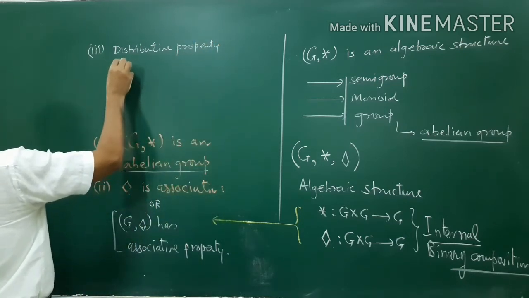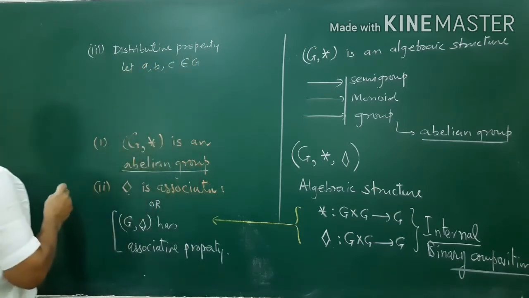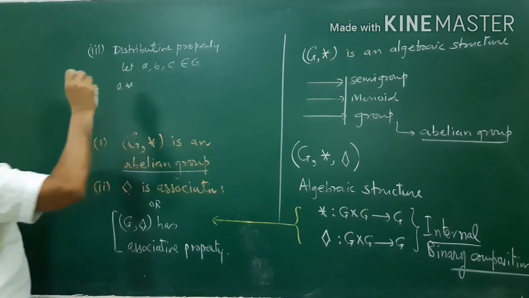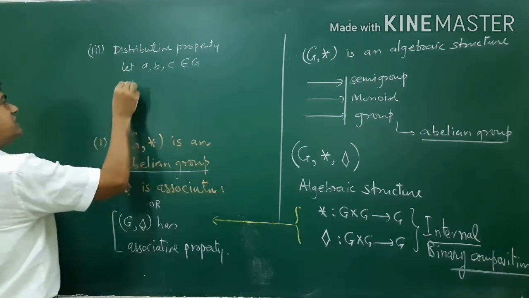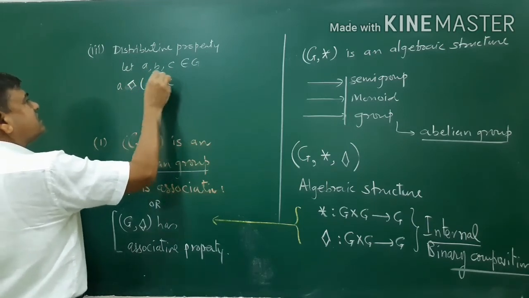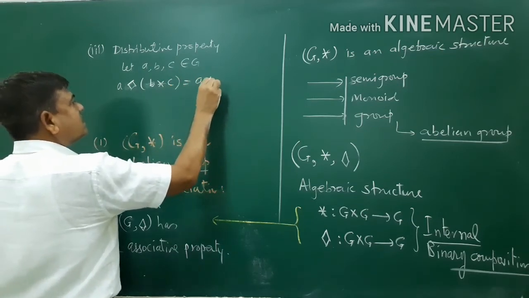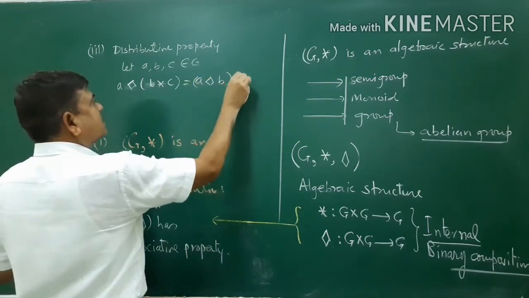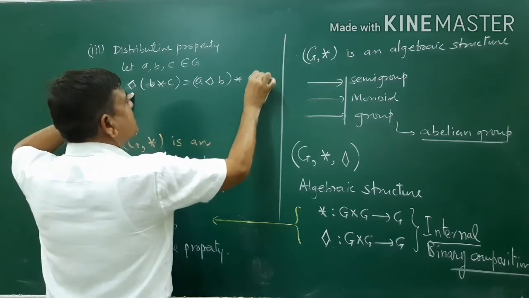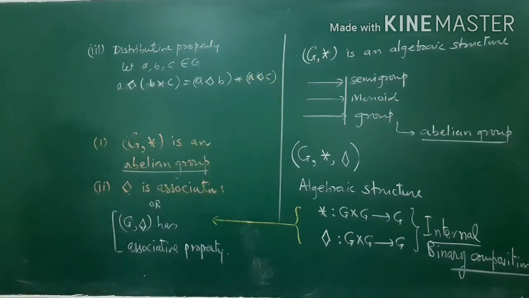Means, let's say A, B, C belong to C, then A asterisk... it is this.